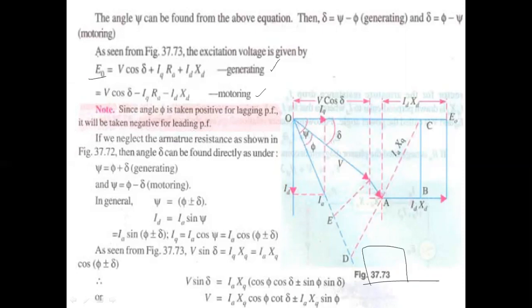E naught is equal to V cos phi plus IQ RA plus ID XD. This is ID XD, and this is IQ RA. That means all the pluses are for generating, and if you put minus, it is motoring.